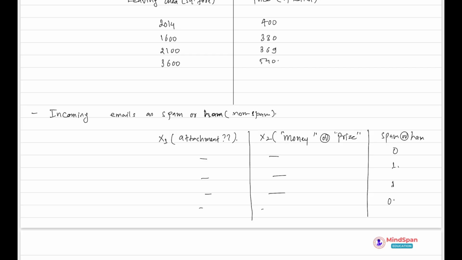Right, and from where we have got this data, maybe, like, if you have seen the old version of Gmail, where it did not have the facility of detecting whether the incoming mails are spam or ham, right?